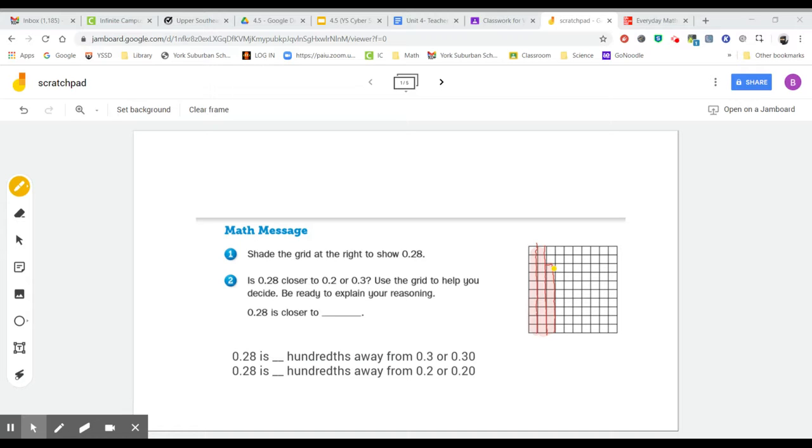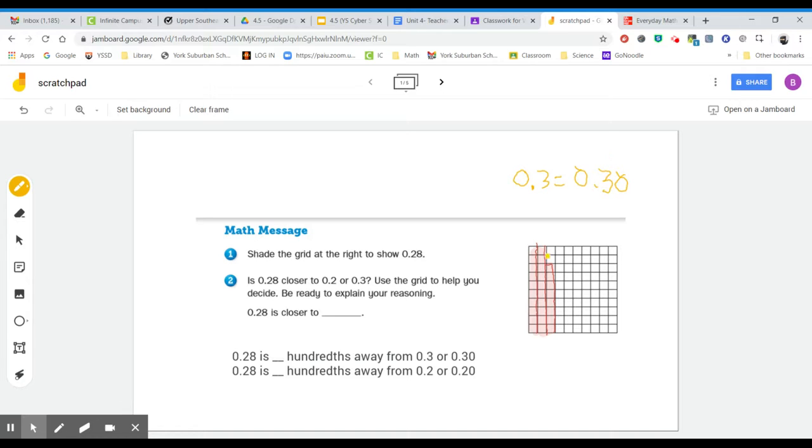If I wanted to go to 30 hundredths or 3 tenths, one thing we have to remember is 3 tenths is equal to 30 hundredths. So if I have 28 hundredths, how many more hundredths do I need to add to get to 30 hundredths?